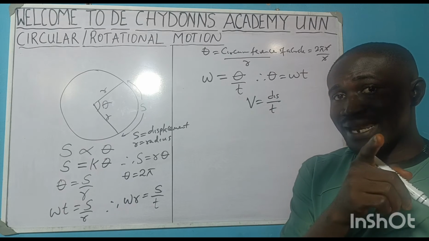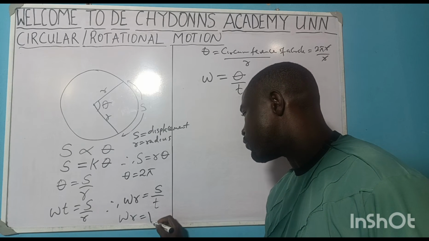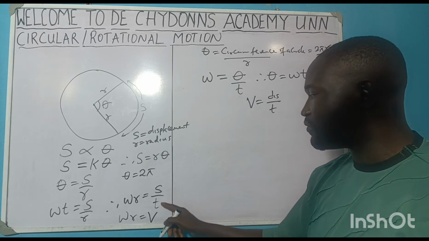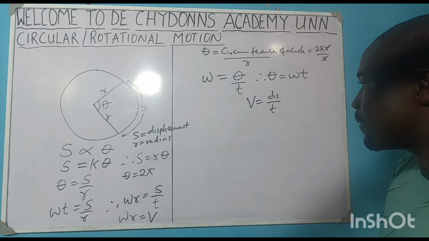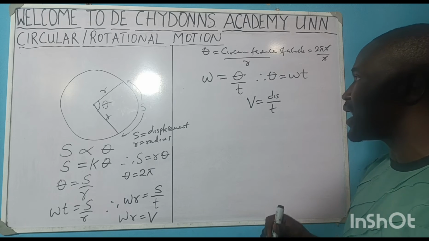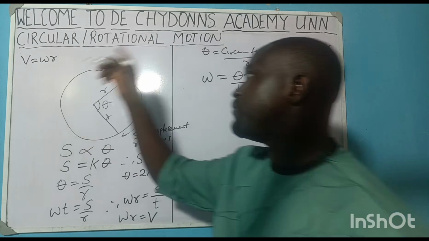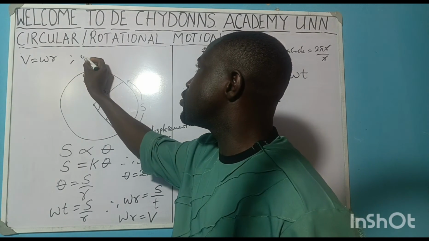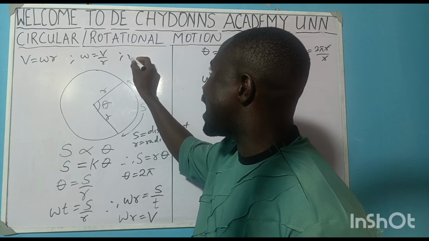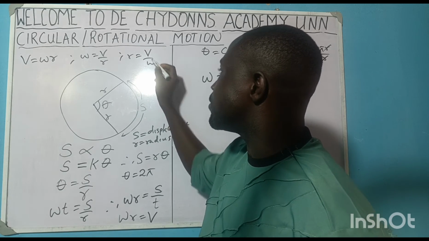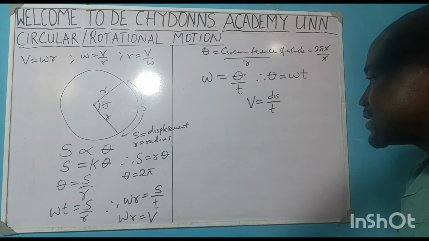If you still remember that, it means that WR is equal to V, because S over T, which is displacement over time, is V. So we now know this formula, that V is equal to WR. Very important. Therefore, W equals V over R, and R equals V over W.